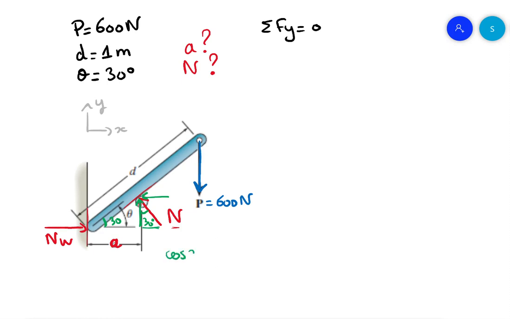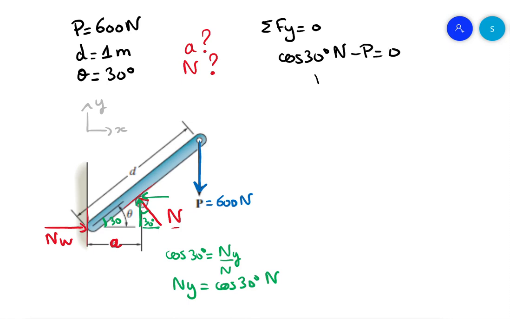So we have cosine 30 equal to the component on Y divided by N. Okay, so NY equals cosine 30 times N. So let's do sum of the forces on Y equals 0. We have cosine 30 times N minus P equals 0. So we got N equal to P, this 600, divided by cosine 30.